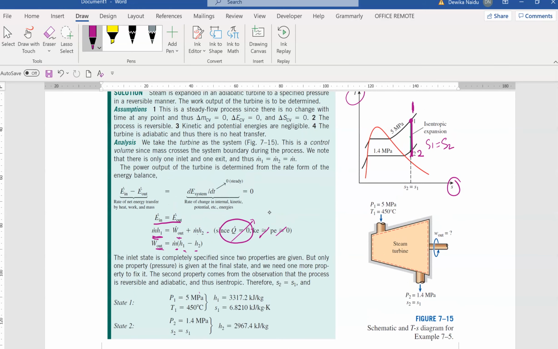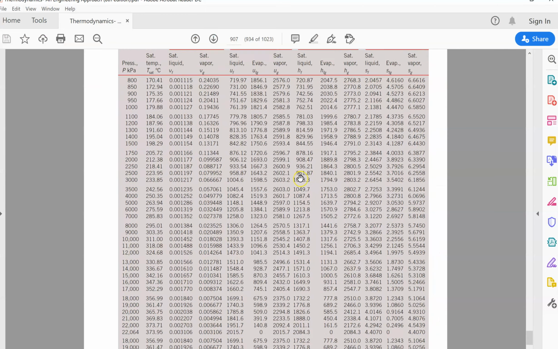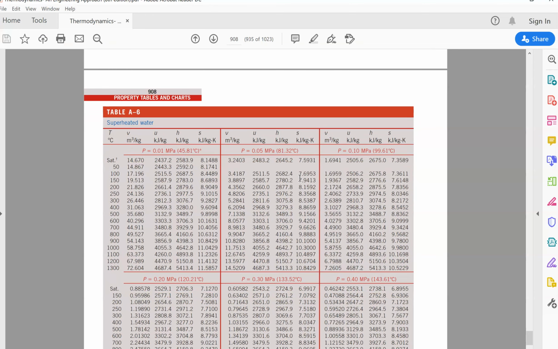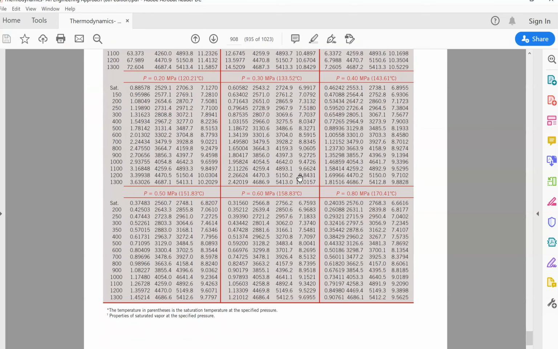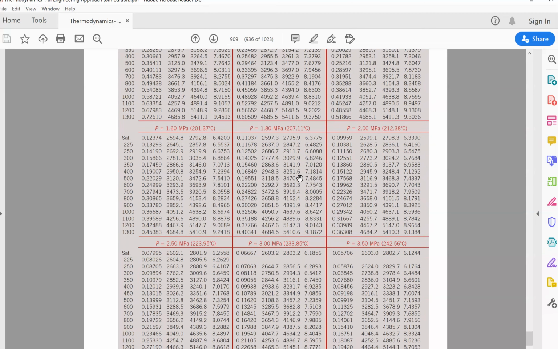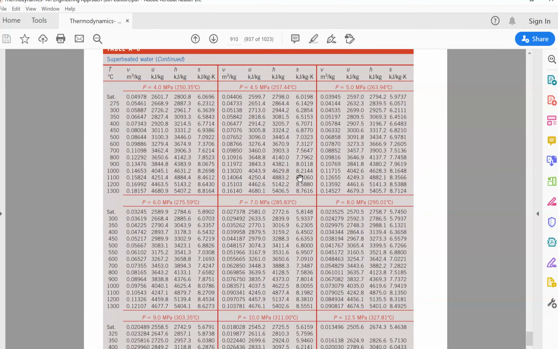For the first case, 5 megapascal, 450, you know that you need to go to the superheated steam table to find the value. Superheated table, 5 megapascal. It's further down here.